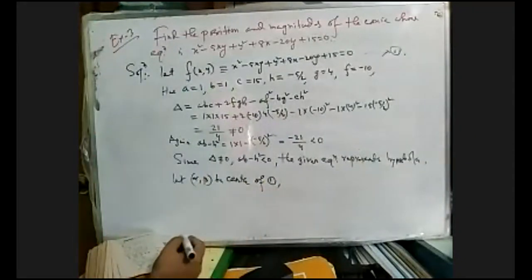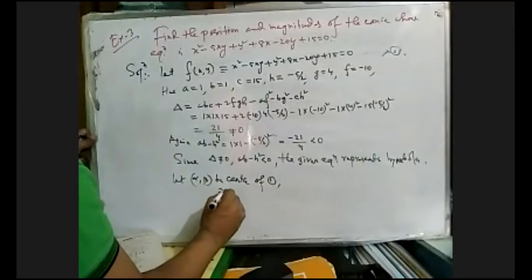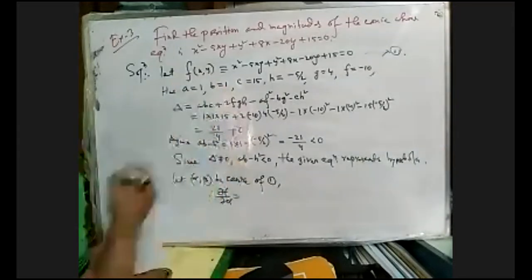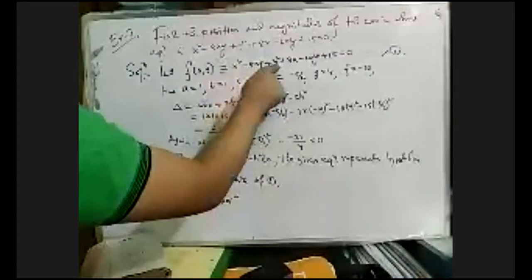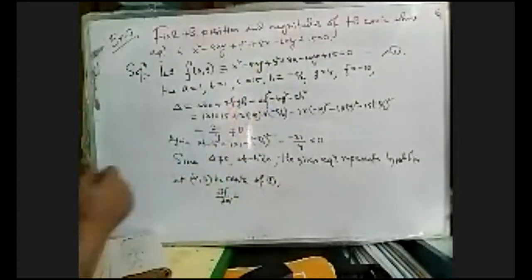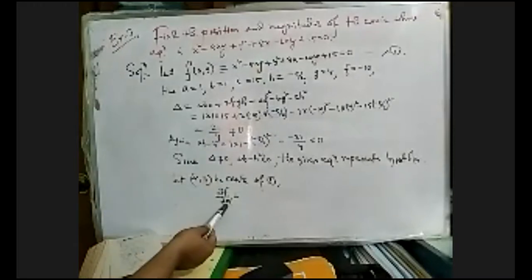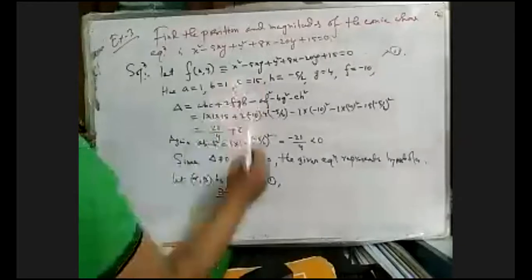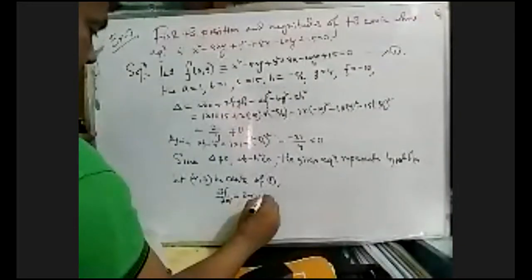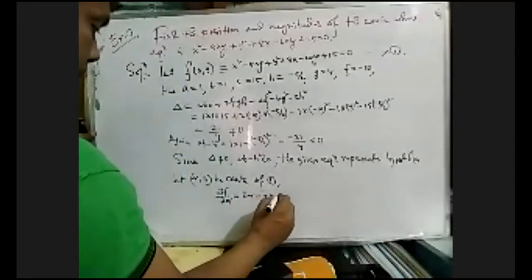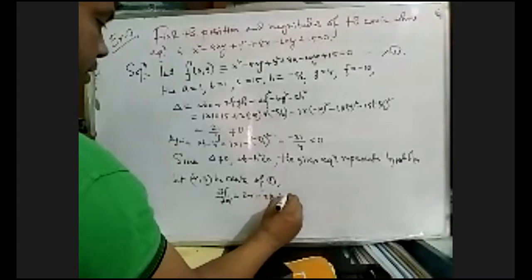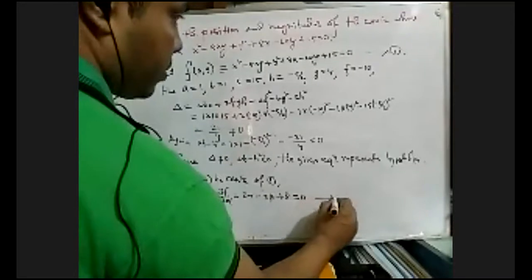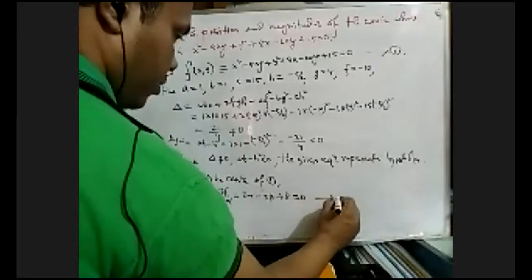By partial differentiation of 1 with respect to alpha, just putting x equals to alpha and y equals to beta, then taking partial differentiation of f with respect to alpha, we get twice alpha minus 5 beta plus 8 equals to 0. This is equation number 2.